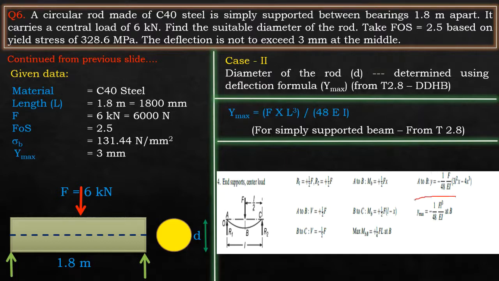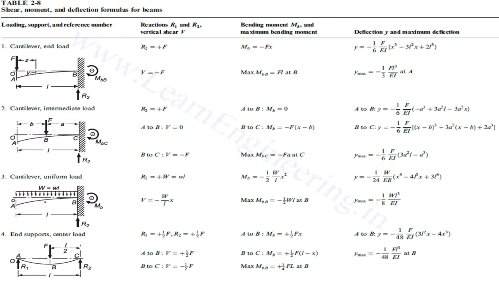I'm referring to this equation which is available in the design data handbook from table number 2.8, where Y maximum is equal to minus 1 by 48 FL cube by EI. The negative sign in this equation clearly explains that the beam is bending in the downward direction. So this is the equation which we are going to use.